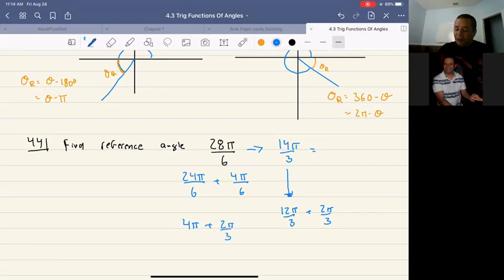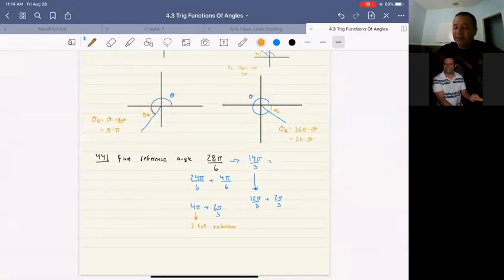Now 4 pi, this is 2 full rotations. So now we have to figure out where 2 pi over 3 fits in. Well, 2 pi over 3 is actually on our unit circle too, right? That's going to be in the second quadrant.